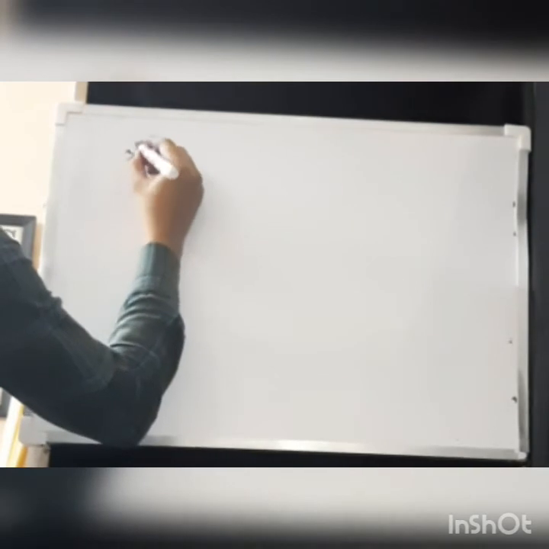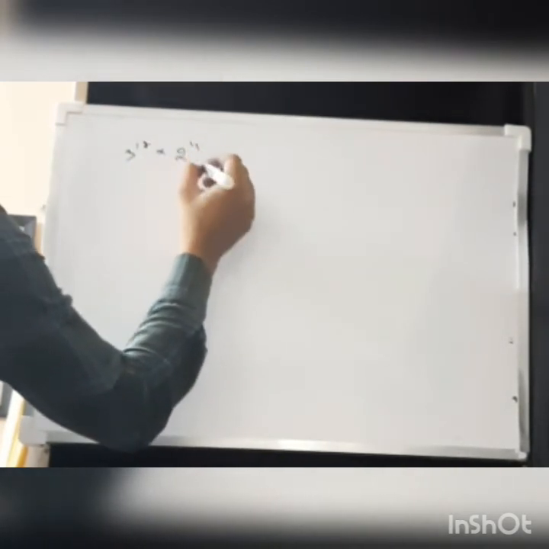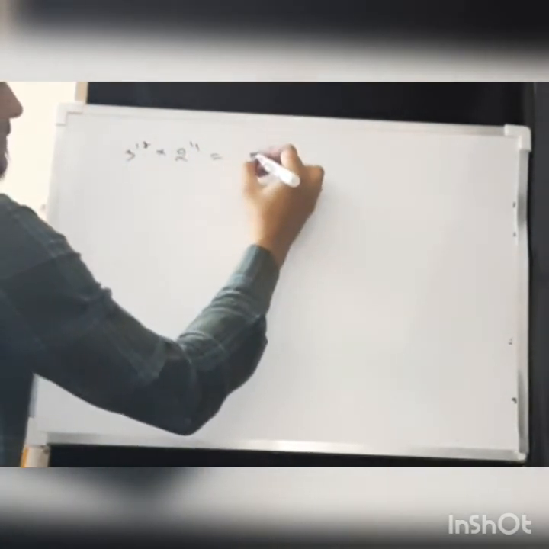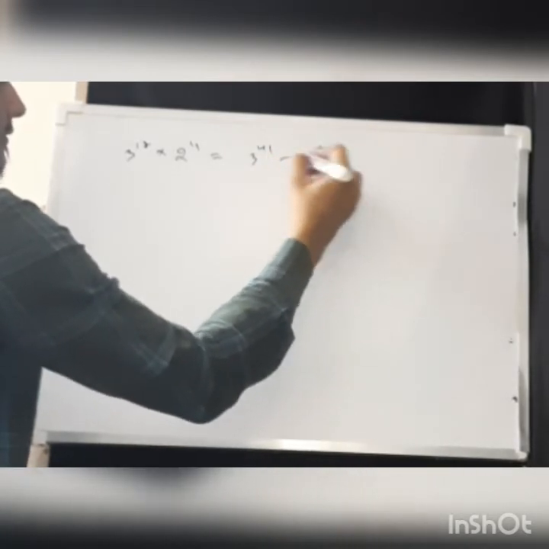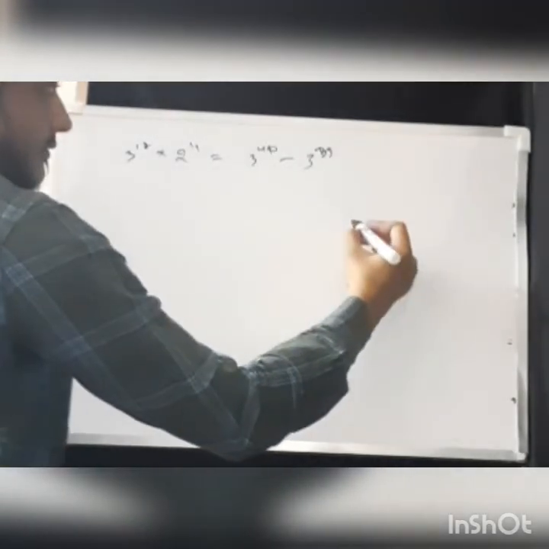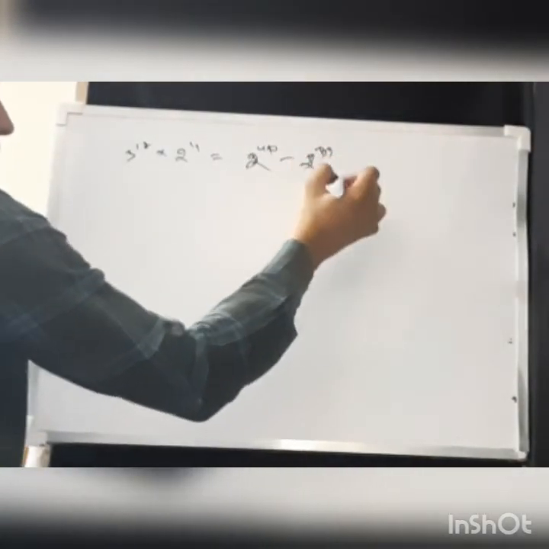Maximum of the 3 to the power 18 multiplied by 2 to the power 11 is going to be 2 to the power 39 to 40. This is what it ranges in between. I'm sorry, 2 to the power, not 3.